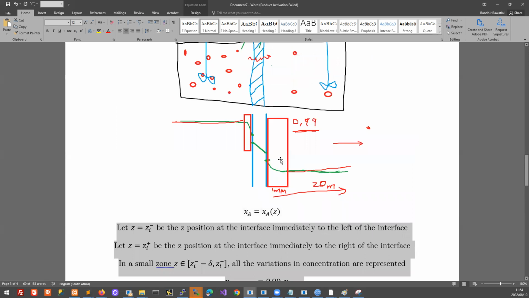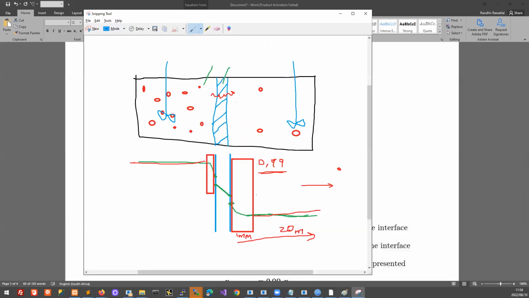And then the thing we are actually going to use it to do is simplify our diffusivity. So what we are going to do is say, well, we know it's actually a curve. We know that the concentration is actually on a curve like this. But what if it was as simple as a nice straight line there?